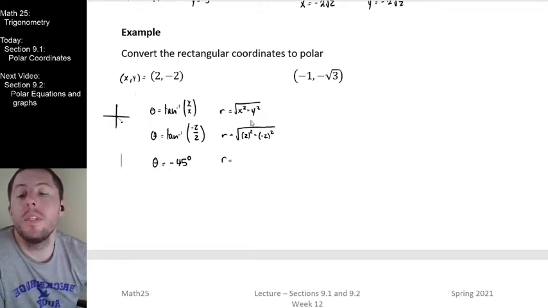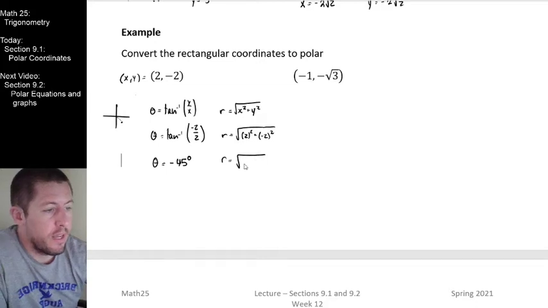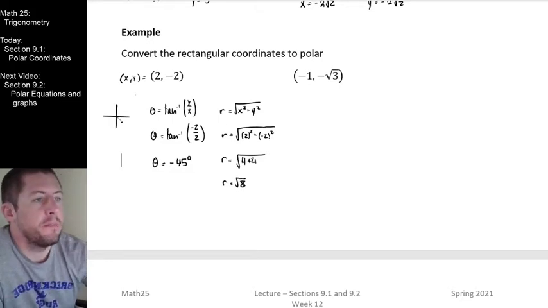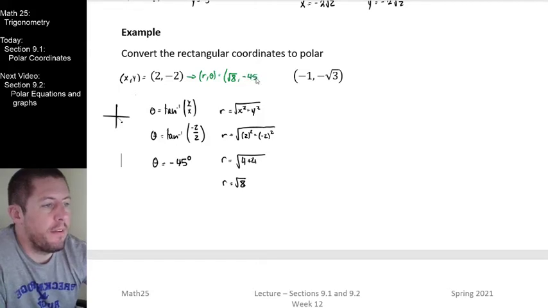You're always going to add two positive numbers underneath here, because every time you square a number, it becomes positive. So it's the square root of 4 plus 4, and r is the square root of 8. So my answer here is r, theta equals root 8, comma, negative 45 degrees.